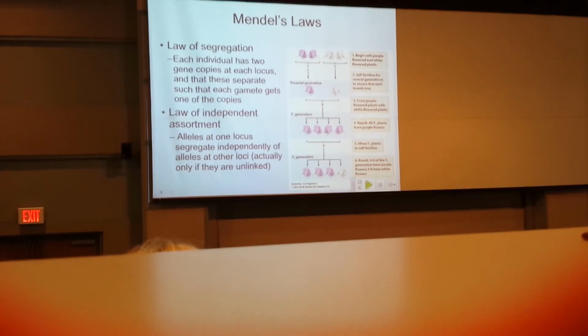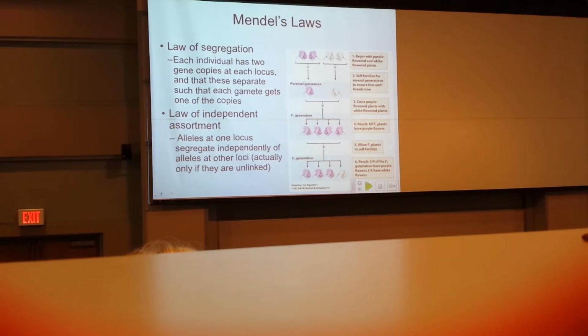There were other genes and other plant species where they didn't assort independently, and he didn't quite know what to make of that. But basically, the mathematics of the ones that did assort independently, because they were on different chromosomes, were so striking that it made it very clear that this is what was going on.